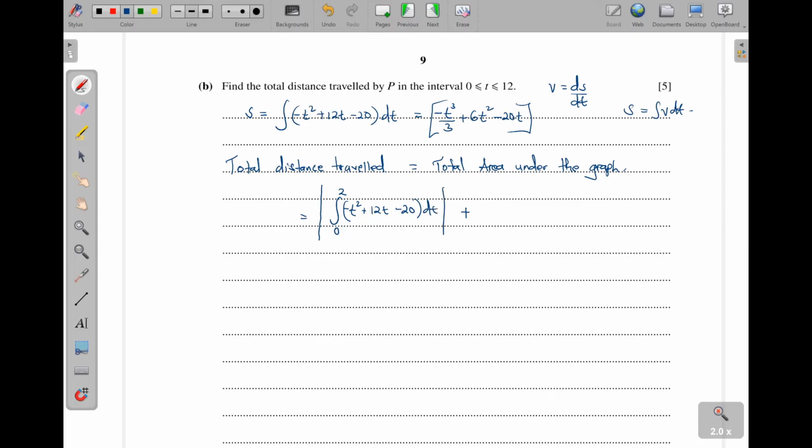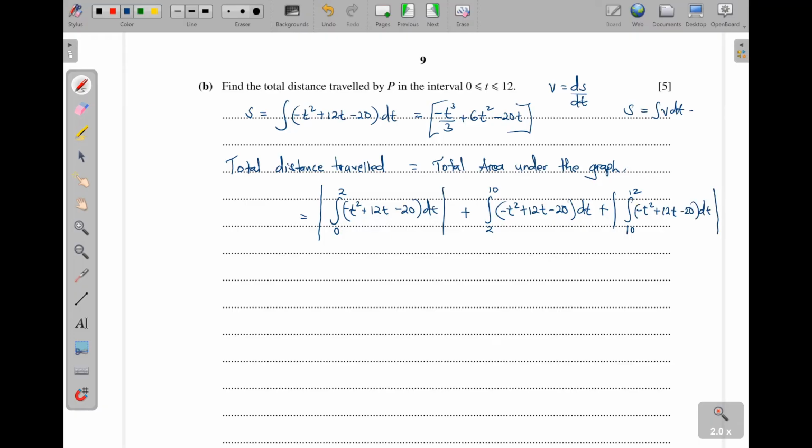Then the next one, we are integrating from 2 to 10, and we are putting negative t squared plus 12t, then minus 20 with respect to t. And then we shall also put the modulus signs when we integrate from 10 to 12, this expression negative t squared plus 12t minus 20 with respect to t.